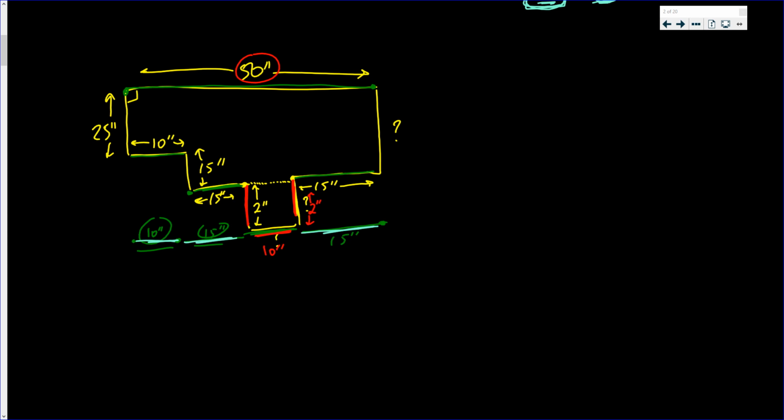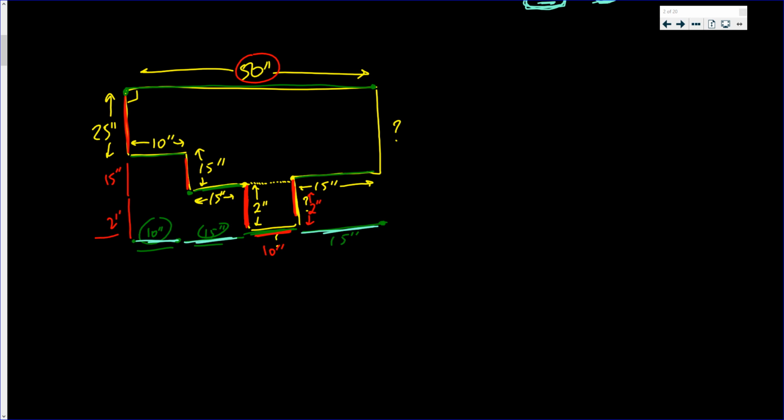Now, I know that this piece plus this piece, which I can put right there, that piece is 15, and this piece over here, I can bring it down, that's 2 inches.